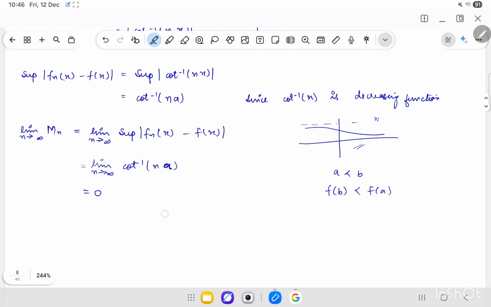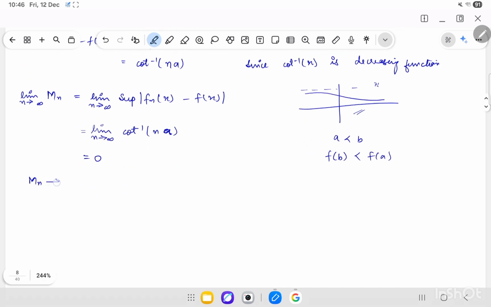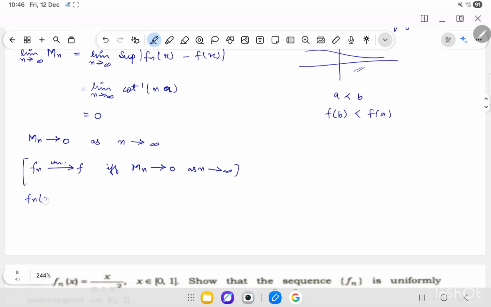So from here we can say that our Mn approaches 0 as n approaches infinity, and using the result which states that fn approaches f uniformly if and only if Mn approaches 0 as n approaches infinity, we can easily conclude that fn(x) approaches f(x), which is equal to pi by 2, uniformly on closed interval a comma b, where a is strictly greater than 0.